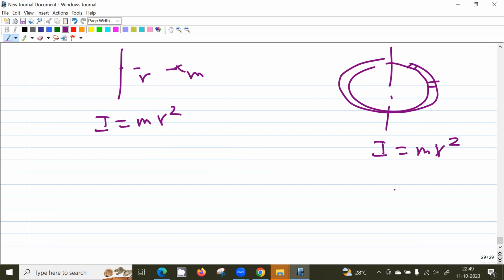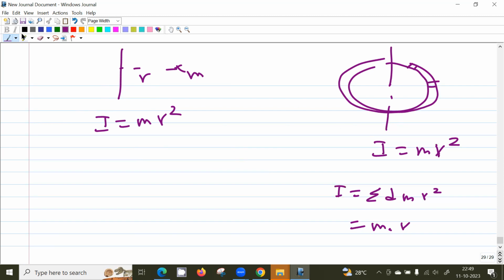So all these dm will contribute dm r square, and the total moment of inertia is the summation of this, which is equal to m into r square. So the moment of inertia of this ring about the axis perpendicular to it is mr square.